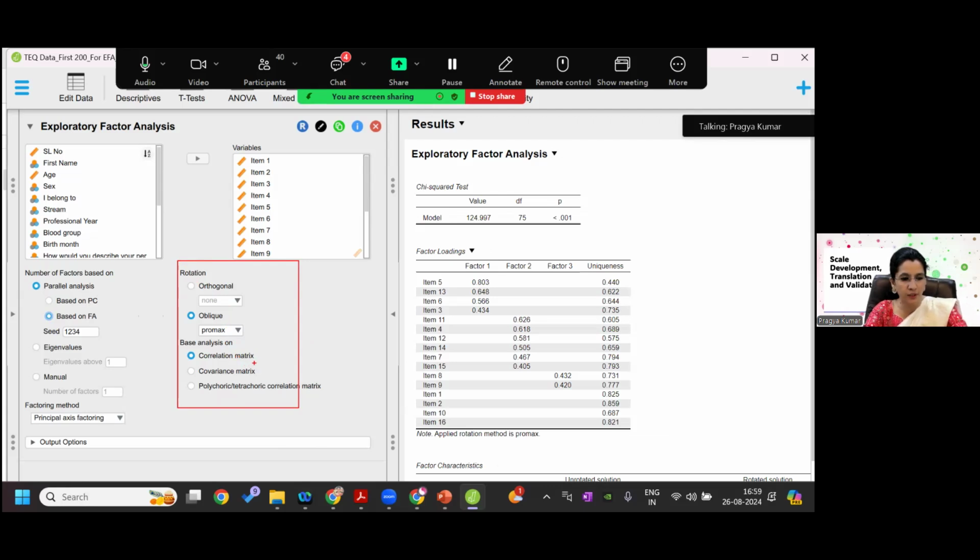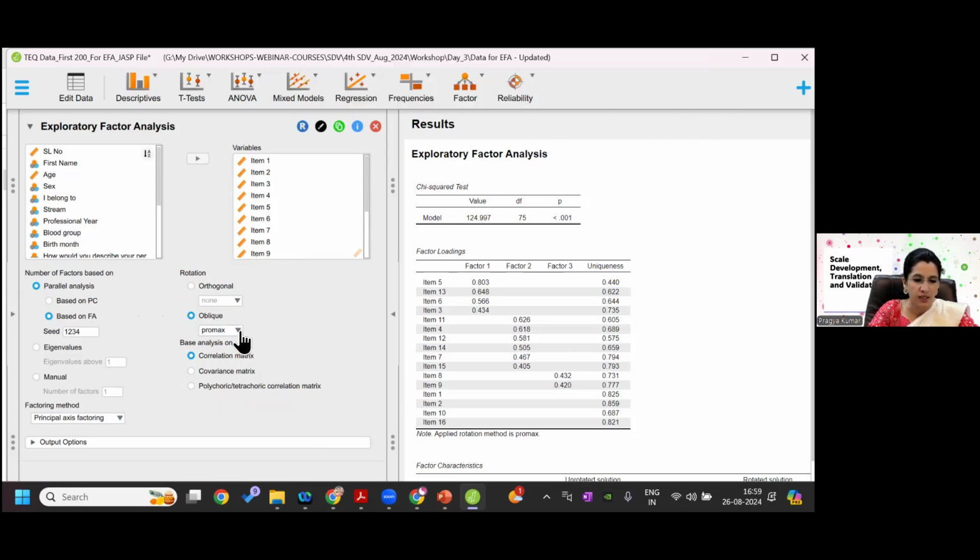So basically we use the correlation matrix to use this. Oblique, you can see there are many types of oblique. Generally we use either oblimin or promax. You can use both. And you use oblimin when you see that there is a correlation between the factors. So even if there is a 0.3 correlation in even one of the factors, then you should go with oblimin. So PC means principal component and FA means factor analysis. Yes, I think you have written. Thank you.